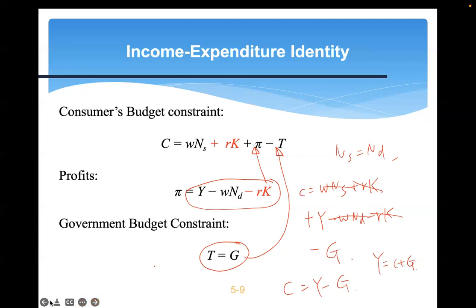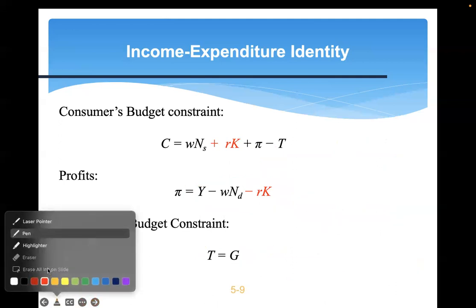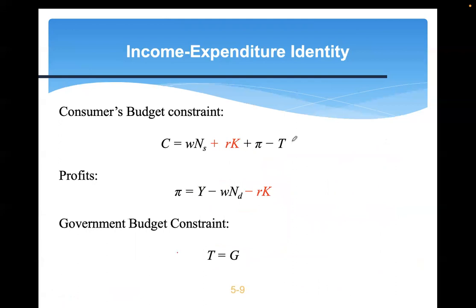To summarize, there are two steps. Step number one, we write these three equations separately. That makes sure you understand where each equation comes from.